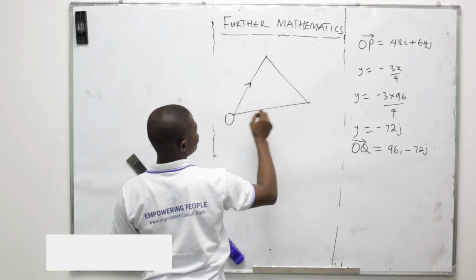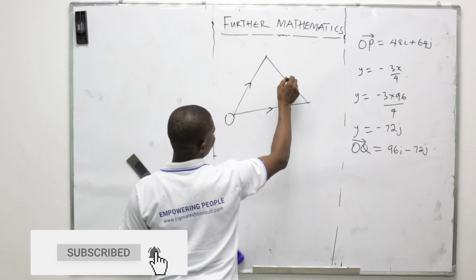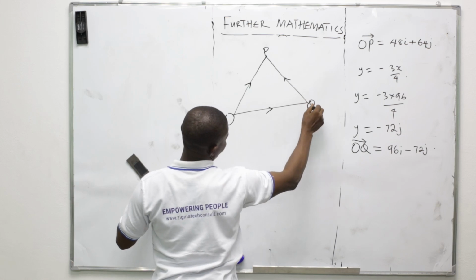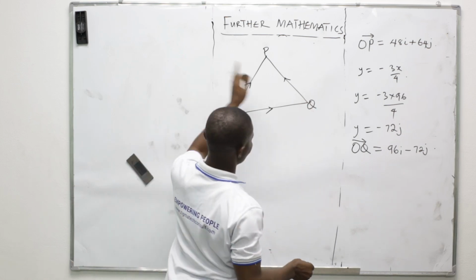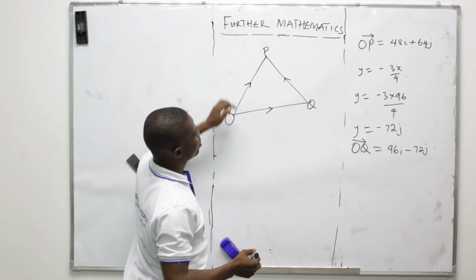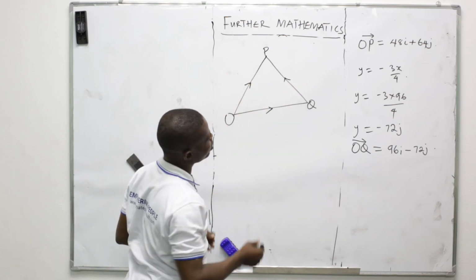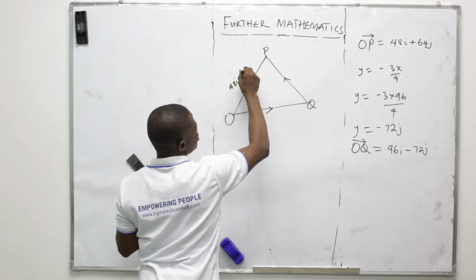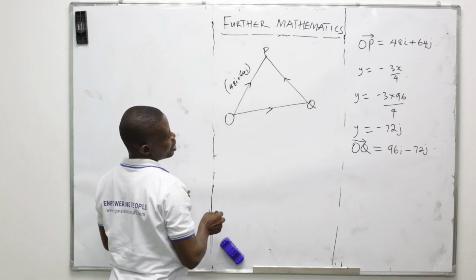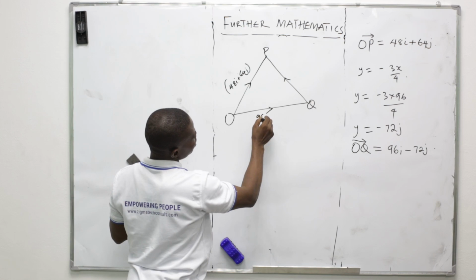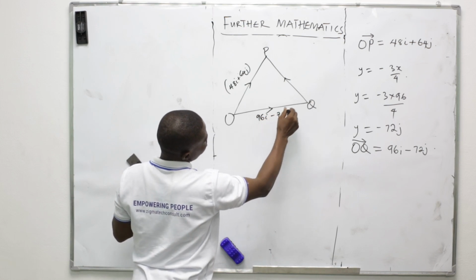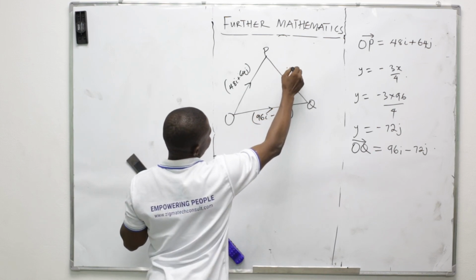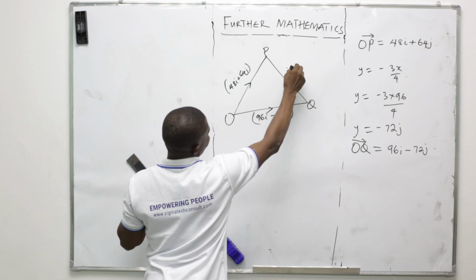This is O. You know, in ABCD, you follow the order O, P, Q, R, S, T. So for vector OP, we have 48i plus 64j. Then OQ will have 96i minus 72j.